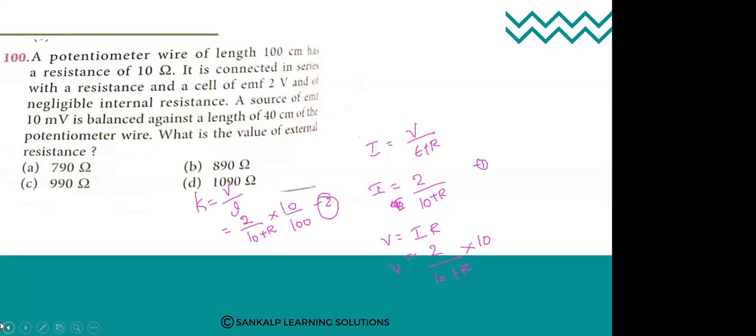So if we have the potential gradient value, then we can calculate here the R value. Here maybe some mistake is there in the question, because see here, K is equal to V by L. So here K value, suppose if they give R value, we can calculate. Otherwise, there is no chance.